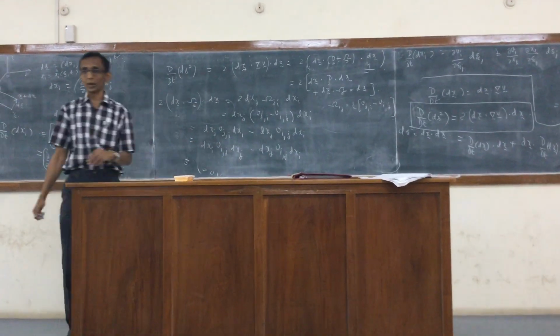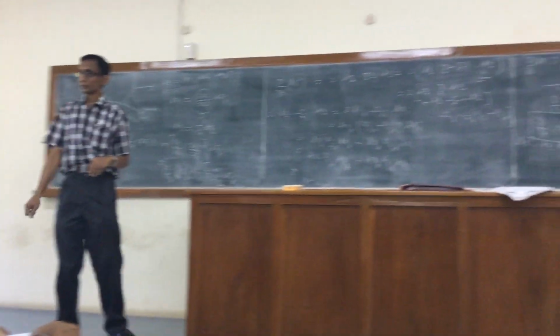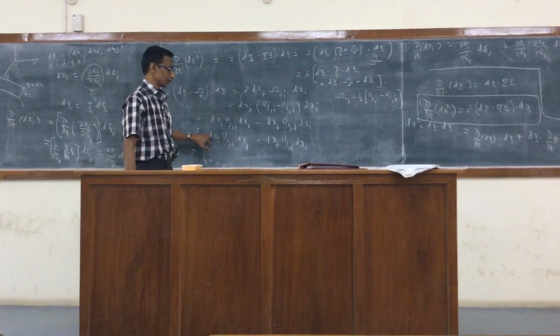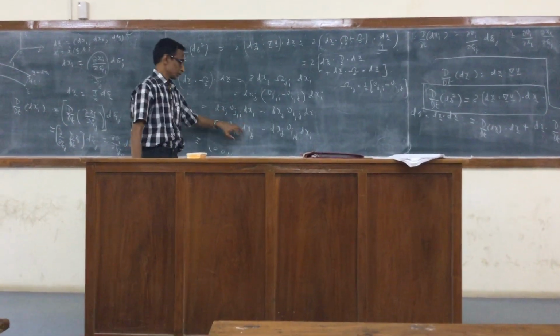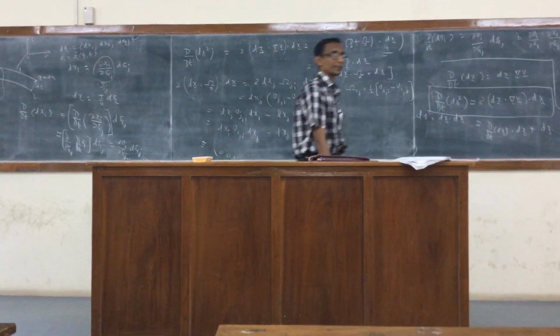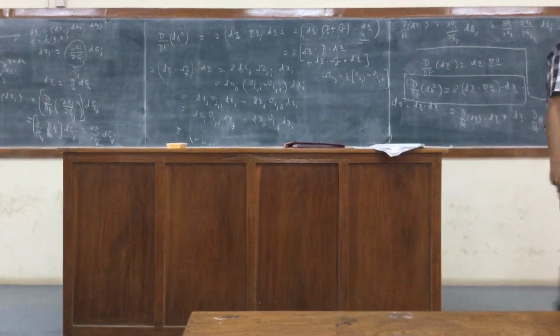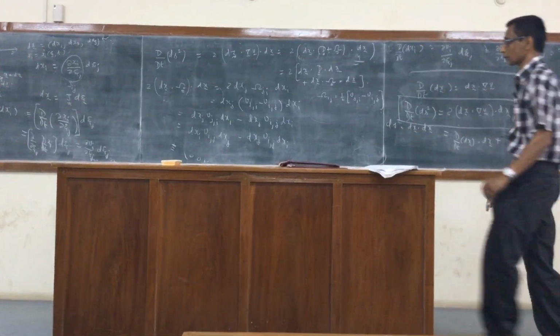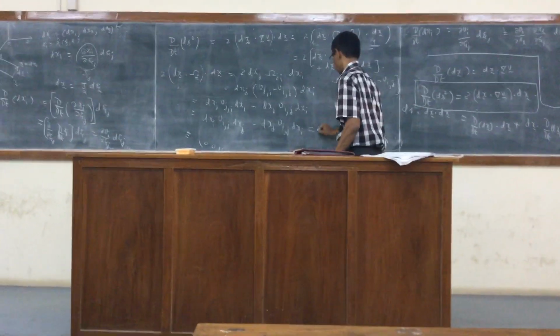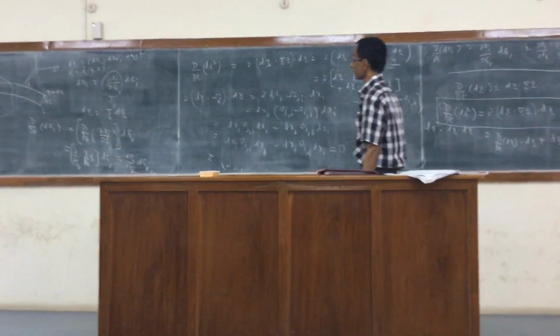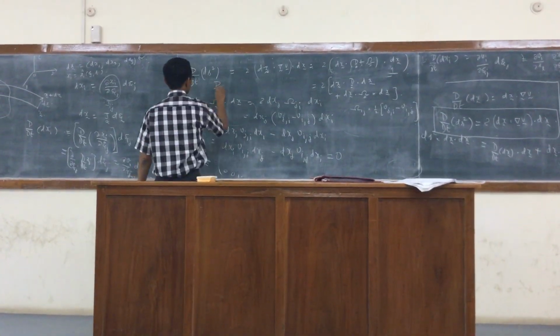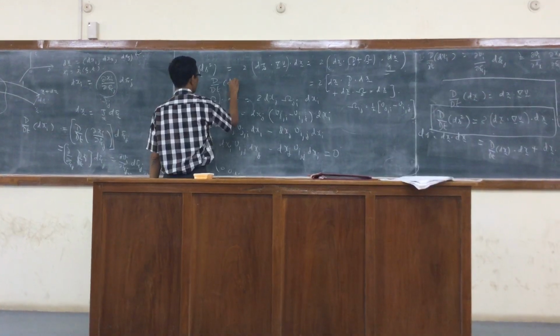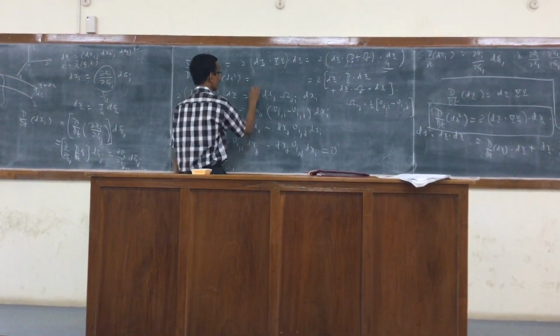Clearly the two are equal. All I have is, here I have dxj and there I have dxi. It's just a multiplication of scalars, so the two terms are entirely equal. So the net result is 0. So clearly then d by dt of ds square can simply be written as 2.